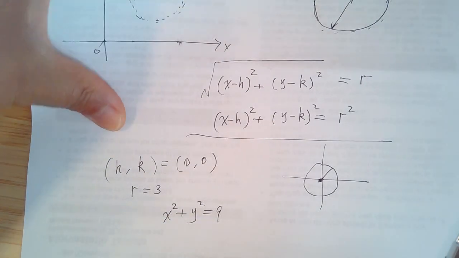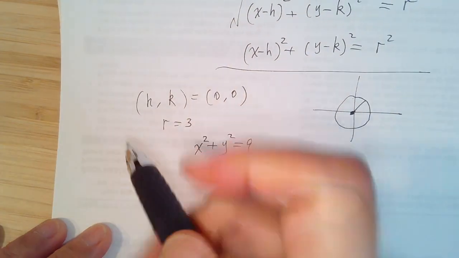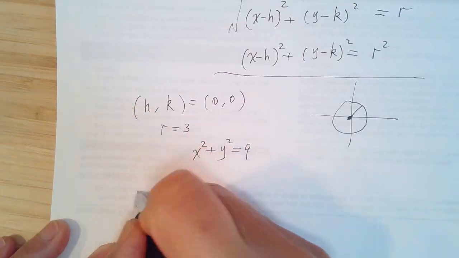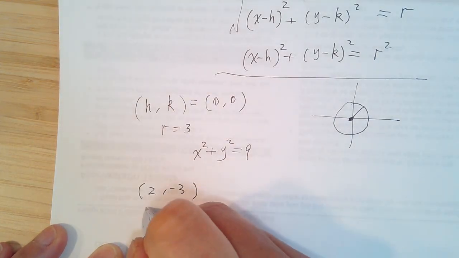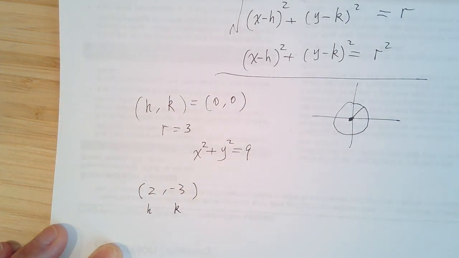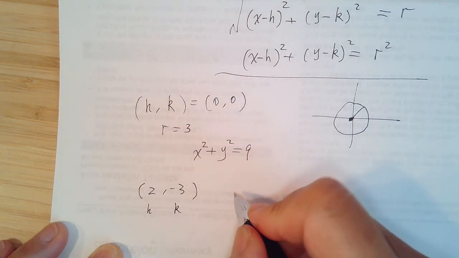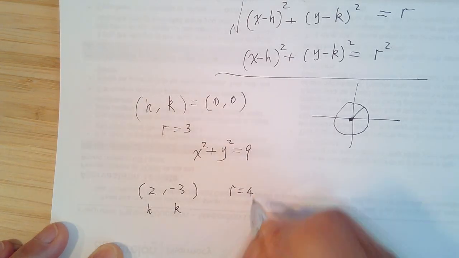What about the next one? If I ask you to write the equation that has the center at (2, negative 3), and if you like, you can put a little h, little k here, so you can remember that's h, that's k. And also the radius is 4. Can you do that?